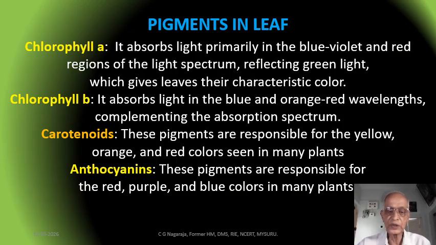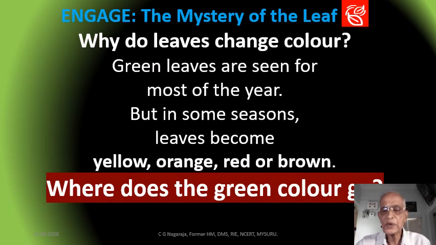Carotenoids and anthocyanins play a role, and then of the seven colors of the sunlight, they reflect different colors because chlorophyll A and B start degenerating. The mystery of changes in a leaf.